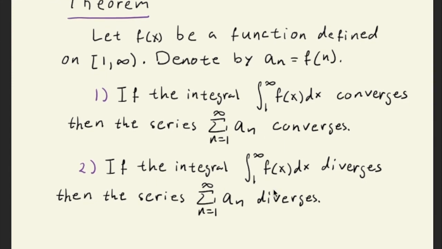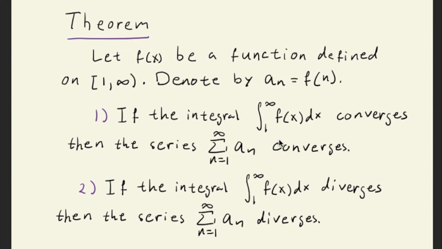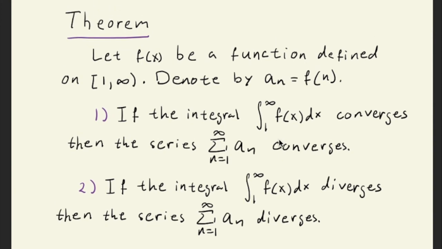And if the integral from 1 to infinity of this function diverges, then the series will diverge. All right? So it basically connects the convergence of the series to the convergence of the corresponding function. Cool, so that's the theorem.